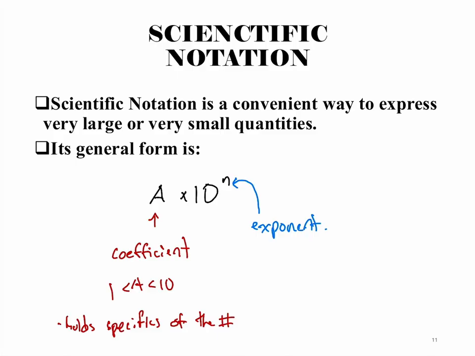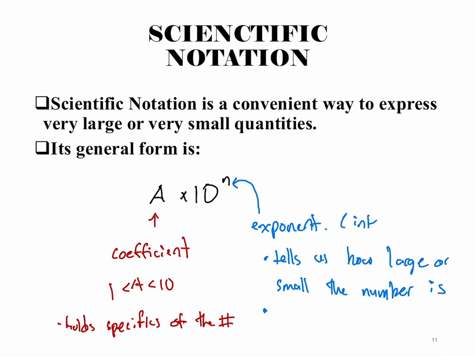So this tells us how large or small the number is. And n can be larger than 0, or it can be smaller than 0. And it's always going to be an integer.